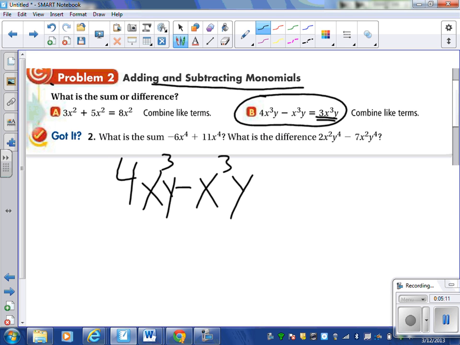What number goes in front of this x? Invisible 1. So they're both like terms. They both have an x to the third power y. So all we need to do is to add our numbers in front. And we get 4 minus 1 equals 3. Keeping the units the same, we have x to the third power y.